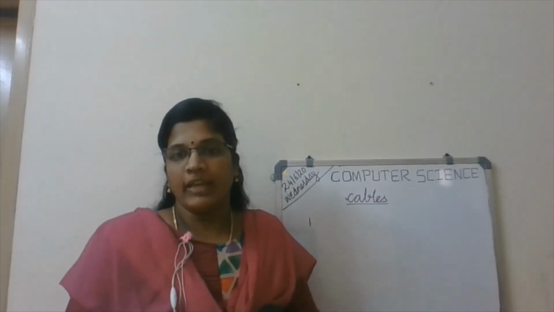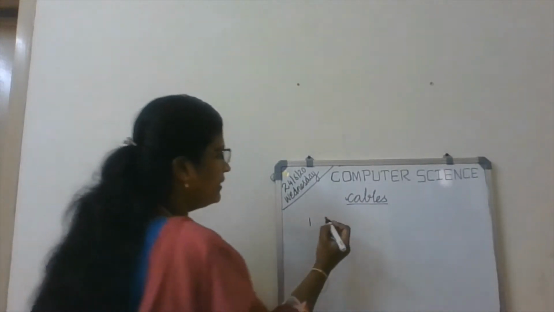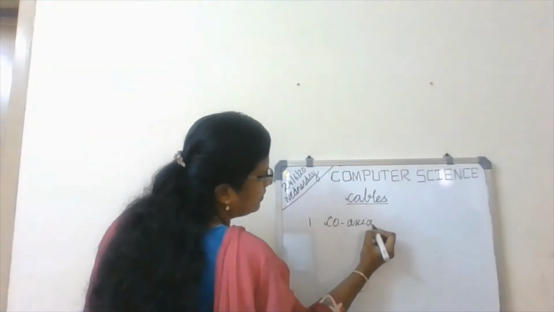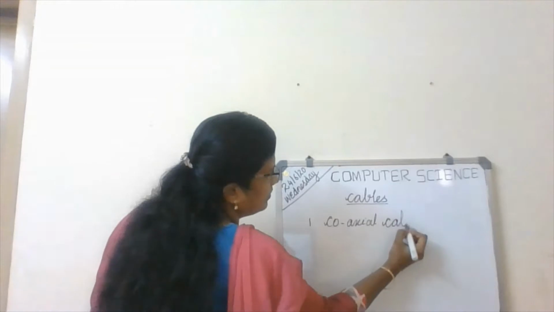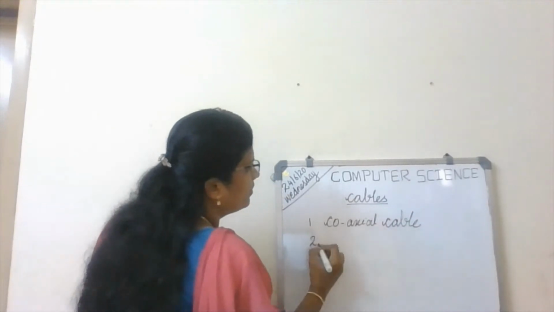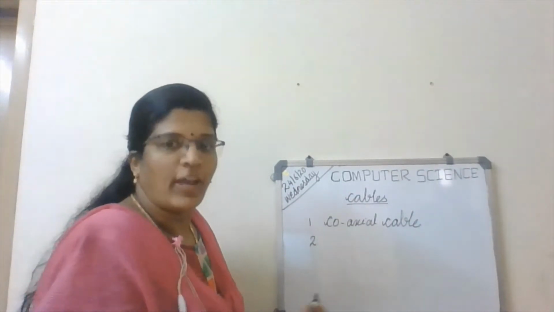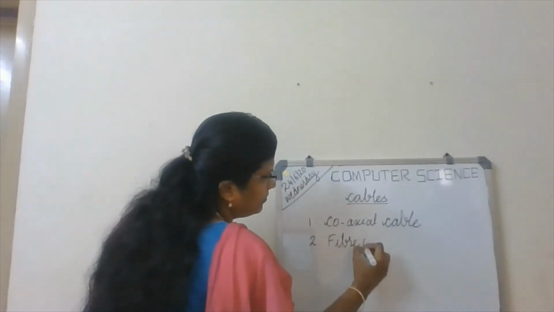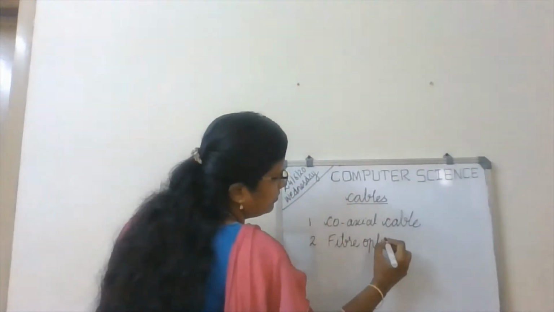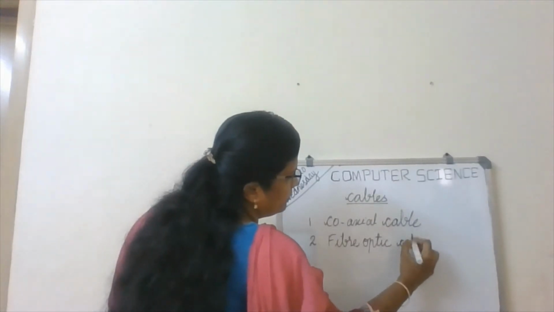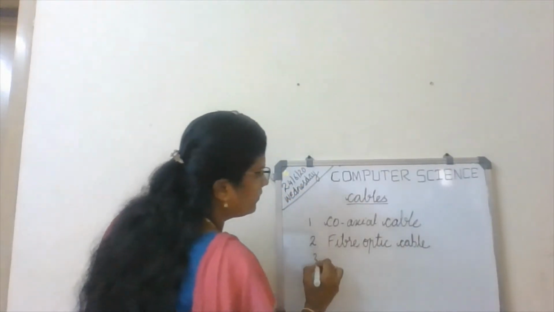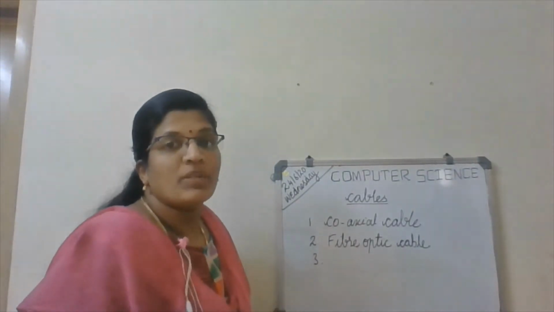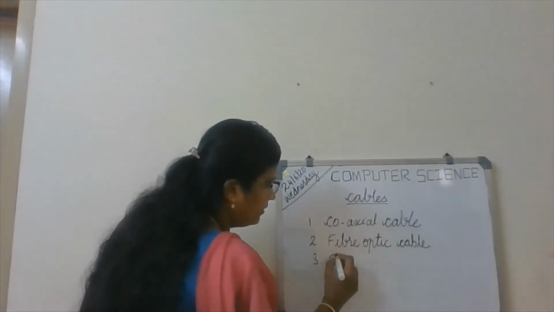Okay, so the cables can be a coaxial cable, or it can be a fiber optic cable, or it can be a twisted pair cable.